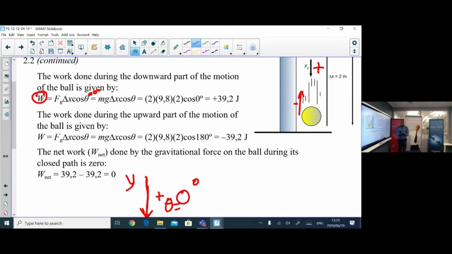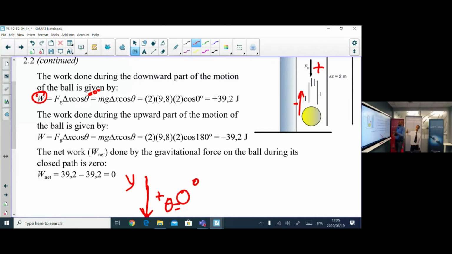I'm going to have 2 multiplied by 9.8 multiplied by 2, that is the distance covered, multiplied by cos 0, which is equal to 39.2.